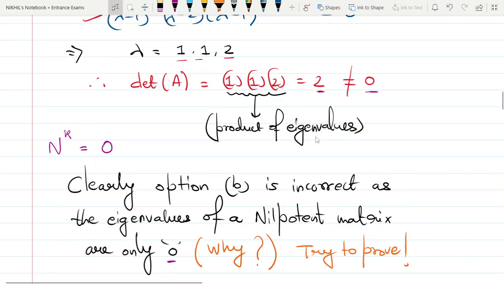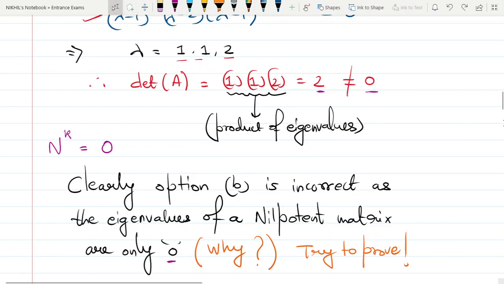If I multiply my matrix k times, it is going to be 0. And of course, all the higher powers will also be 0.